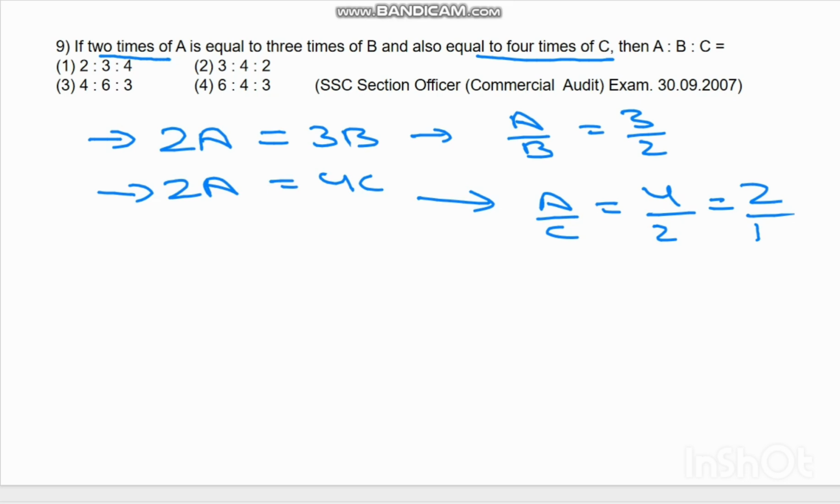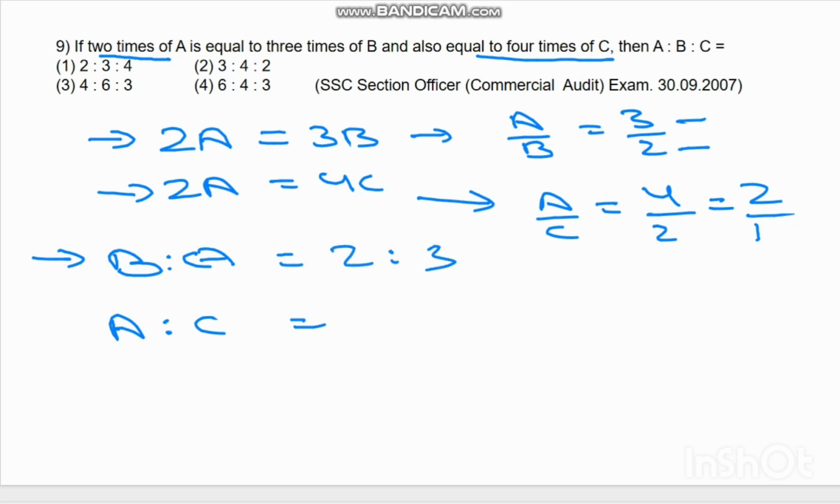So in first class, we discussed that B is to C, A is to C. So here B value is 2 and A value is 3. Here A value is 2 and C value as 1.